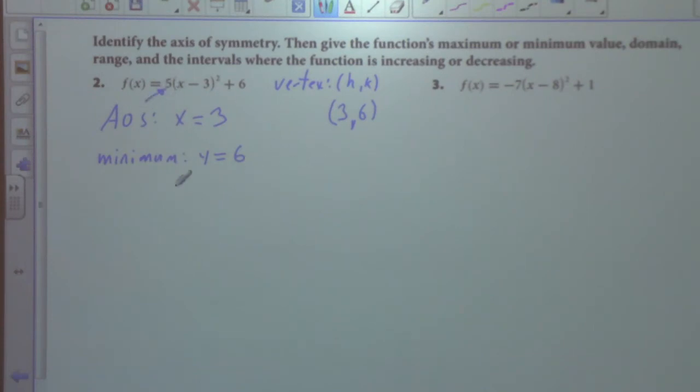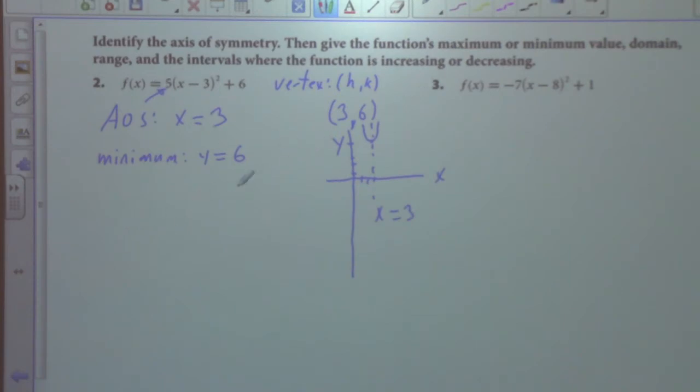A is positive, so therefore we have a minimum. That minimum is K. And so to sketch, I told you to sketch a graph of this thing. If you sketch a graph of this thing, it looks something like this. So we have 3, 6. So here's our vertex, and here's our parabola opening up like this. And here's our axis of symmetry, which is x is equal to 3.